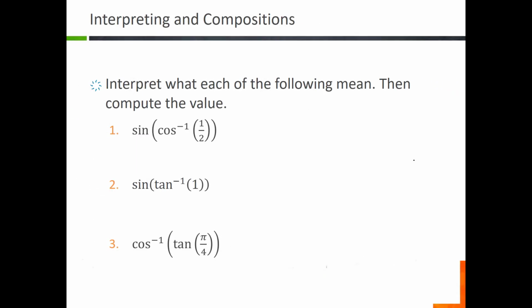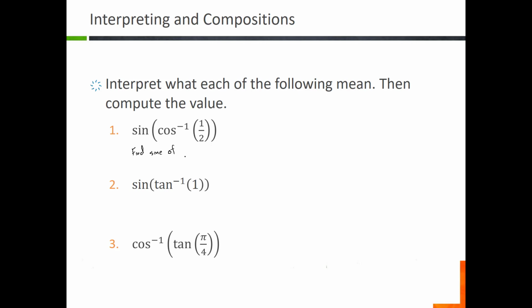All right, so let's mix our computations, okay? And let's think a little bit too about what we're trying to compute. For this first example, we have the sine of the inverse cosine of a half. So what does this mean? We want to find the sine of, and whenever you compute the sine of something, that something is an angle.